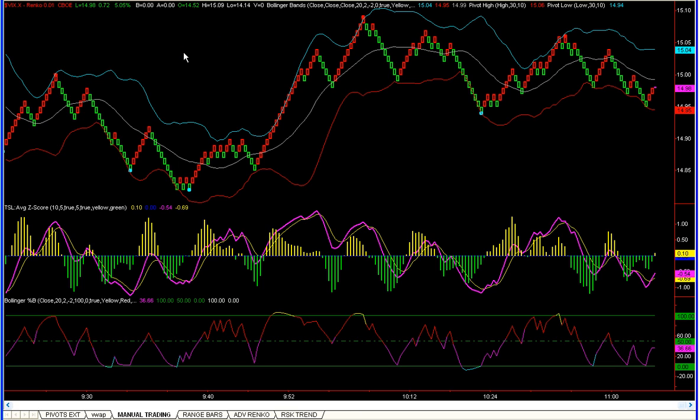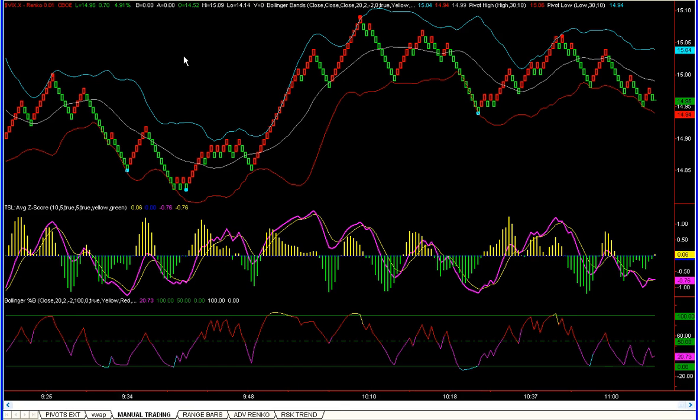Second point, I've wrapped a Bollinger around the VIX. Why? Well, if you're not aware of it, Mr. Bollinger, when he designed the indicator, designed it to track the options market. VIX is a function of options. Little wonder the Bollingers work very well on the VIX.